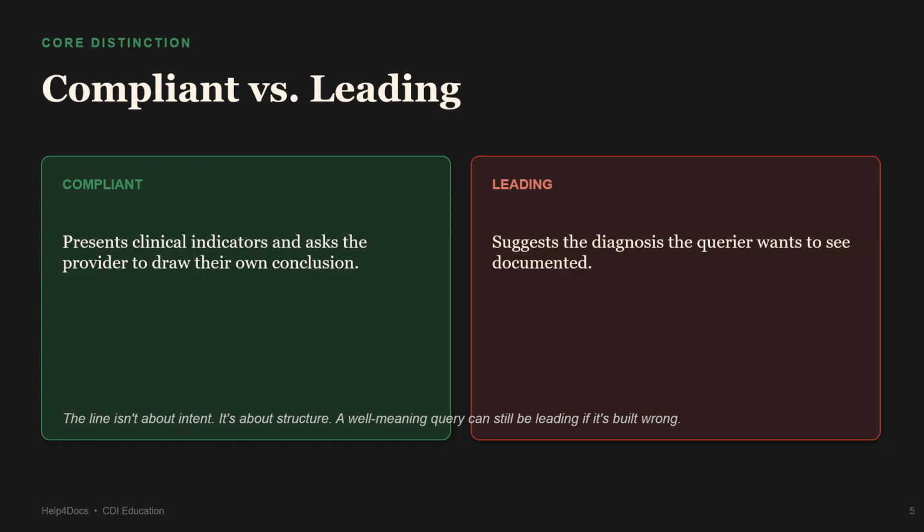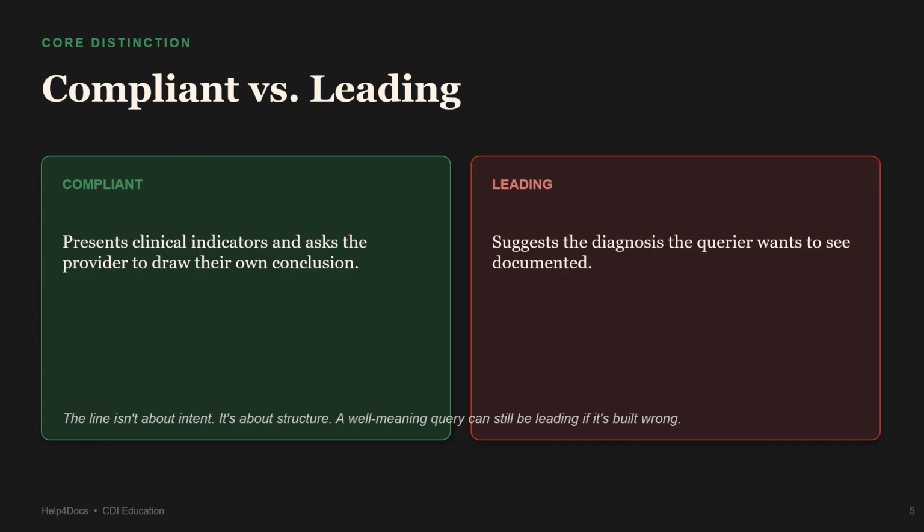A leading query suggests the diagnosis, whatever you as the querier want to see documented. The difference would be something like asking which diagnosis is linked to this medication, versus asking is this medication treating diabetes?